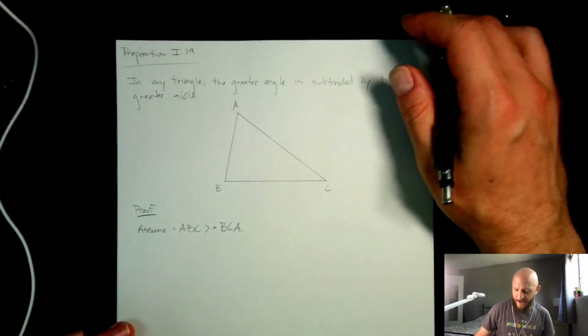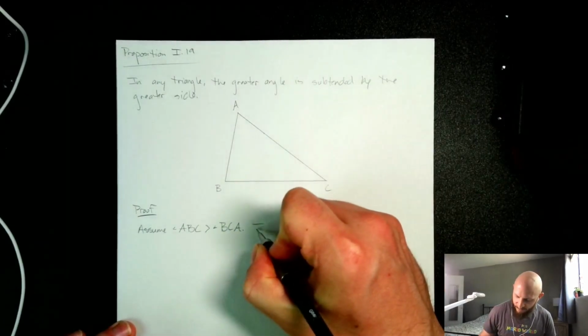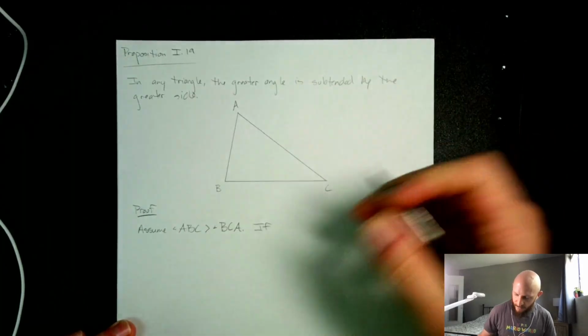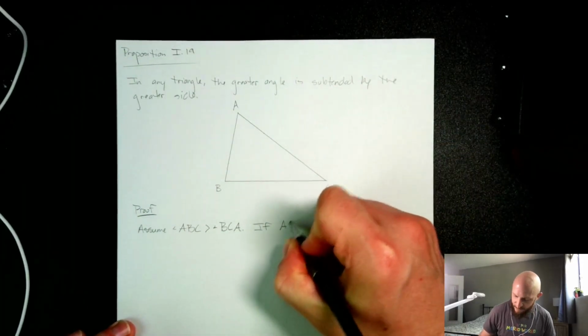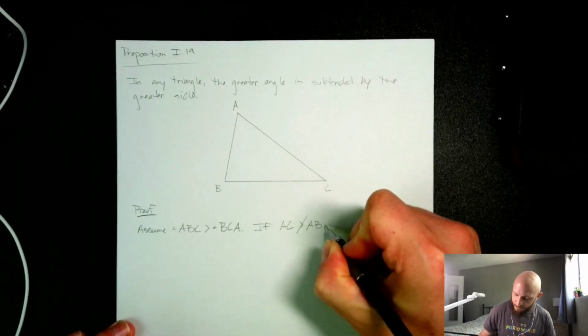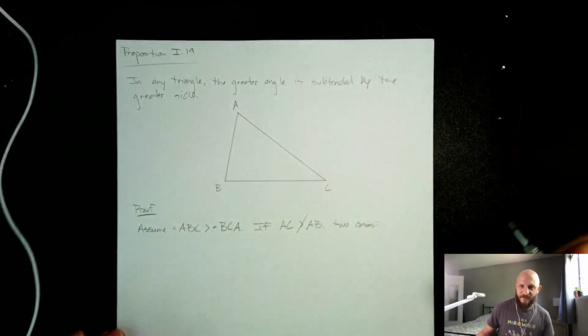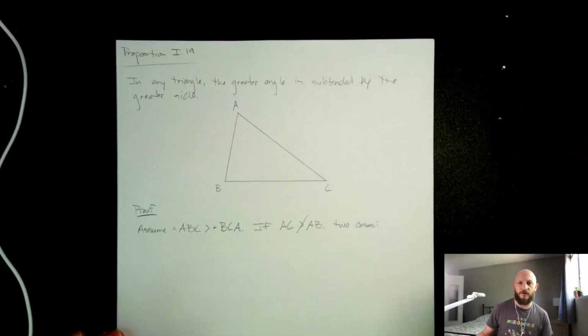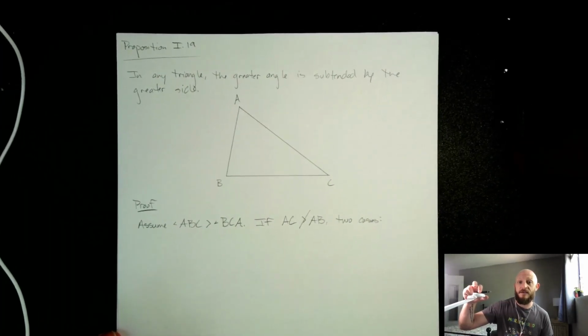So we're saying basically, if AC is not greater than AB, then there are two possible cases. Case one is that AC equals AB.